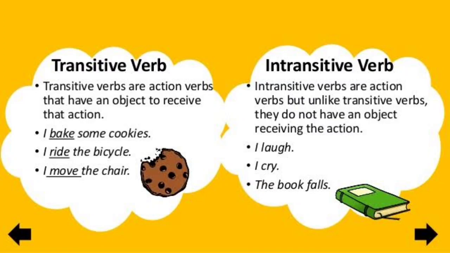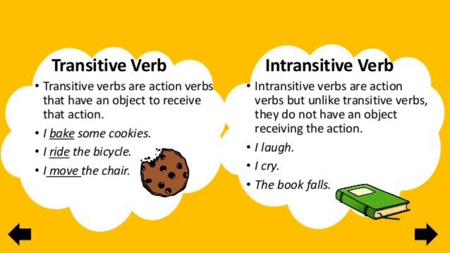Here, bake is a transitive verb which has the direct object cookies. Look at the second example. I ride the bicycle. Here, ride is the transitive verb which has the direct object bicycle. Look at the third one. I move the chair. Here, move is the transitive verb and it has the direct object chair.